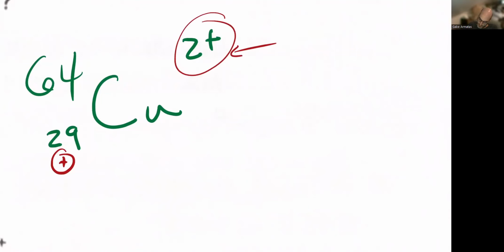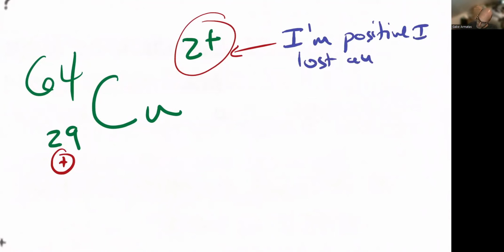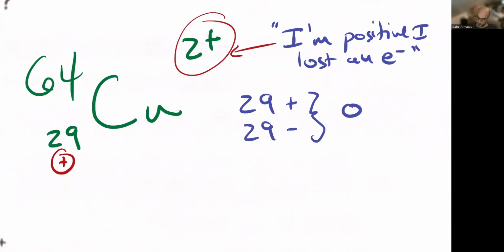I always tell my students to remember this. I'm positive I lost an electron. That's going to help you remember that if it's positive, that means that you're losing electrons. So if I start with 29 protons and 29 electrons, this whole thing is going to be neutral.